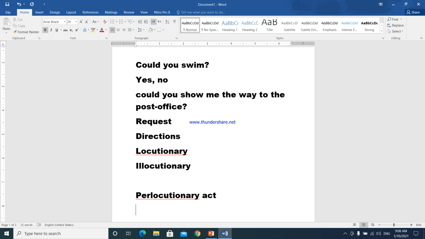Perlocutionary act can also be defined as the act of affecting someone. These acts refer to the effect the utterance has on the thoughts or actions of the other person.